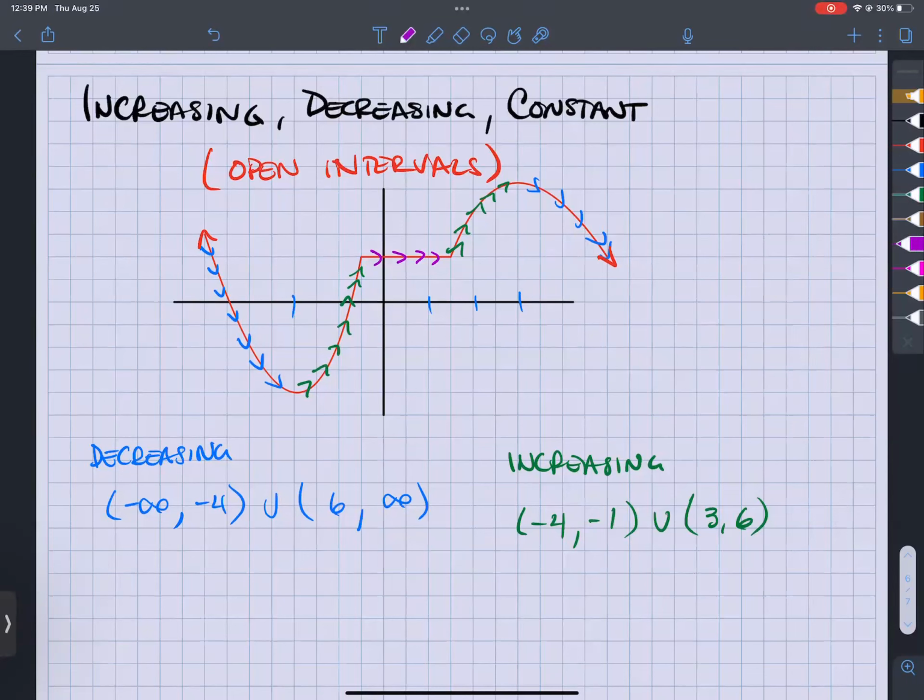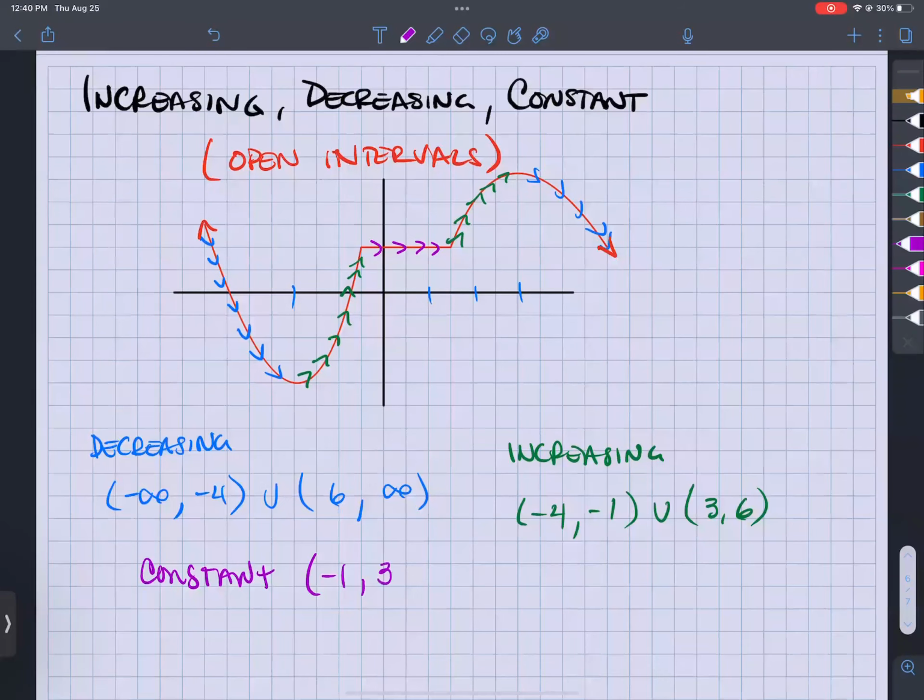And then constant would be, as I twirl the straight line, yes, the 3. And notice how they are all open intervals.